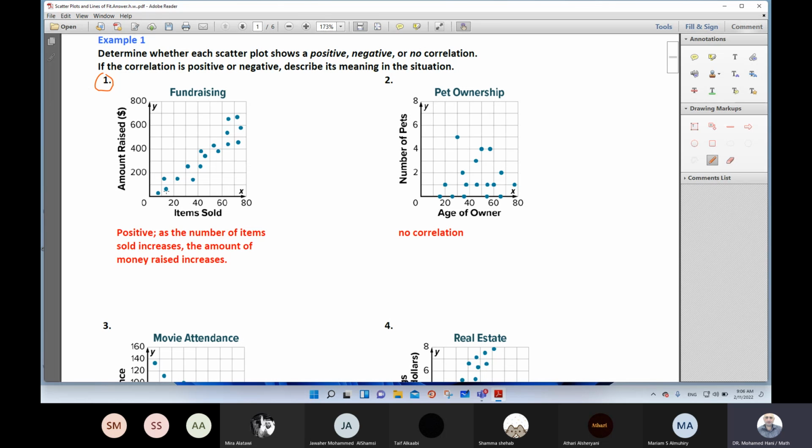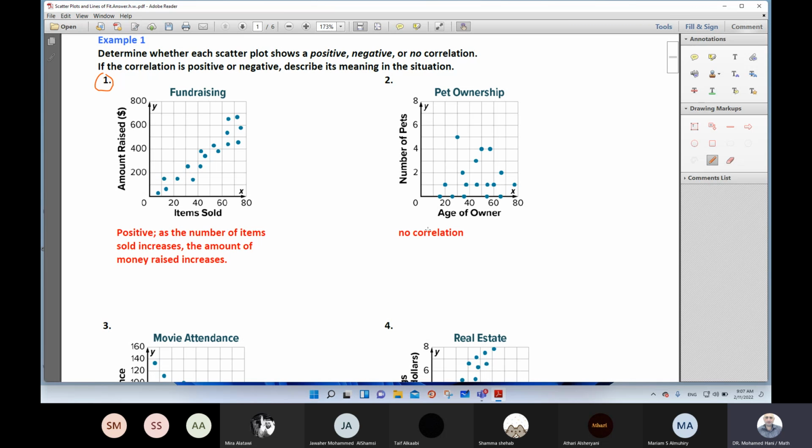As you see here, when you compare the values of the points, you will note the x-axis increases and the points increase in the x-axis and increase in the y-axis. Means we have positive. So as the number of items sold increases, the amount of money raised increases.